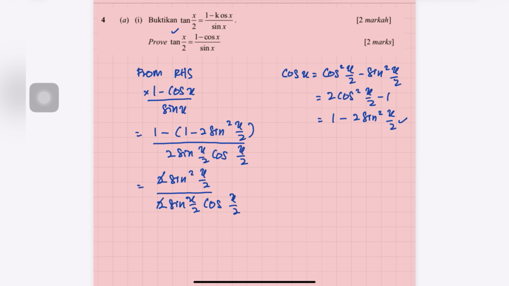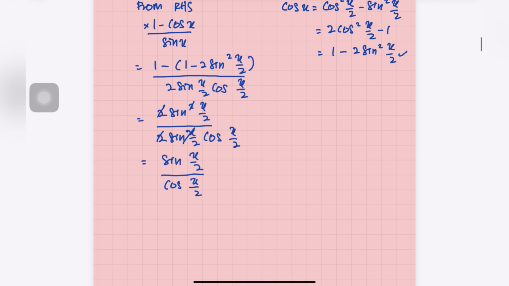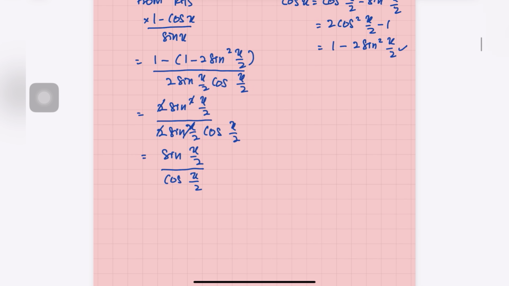Okay, 2 eliminates 2, and only one sin remains. So it becomes sin x over 2 over cos x over 2. Okay, so sin over cos is tangent. So sin x over 2 over cos x over 2 is tangent x over 2. So proven.